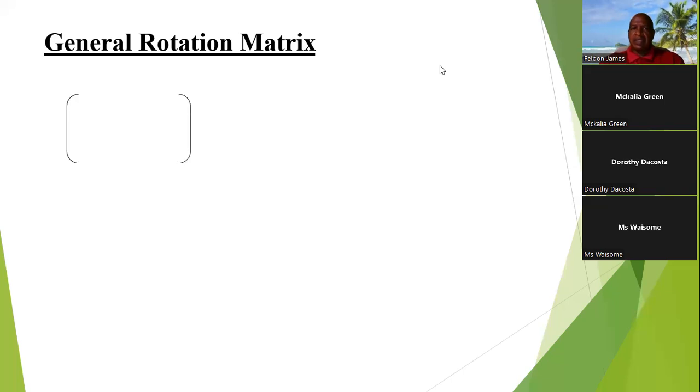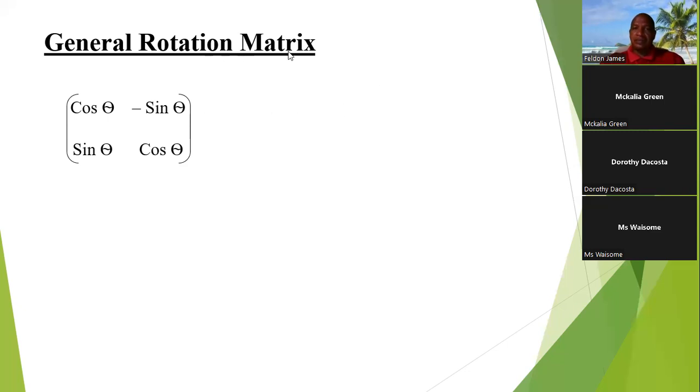The general rotation matrix would be this. Theta here is the angle through which you want to rotate. So I may use this matrix to rotate an angle of 30 degrees.